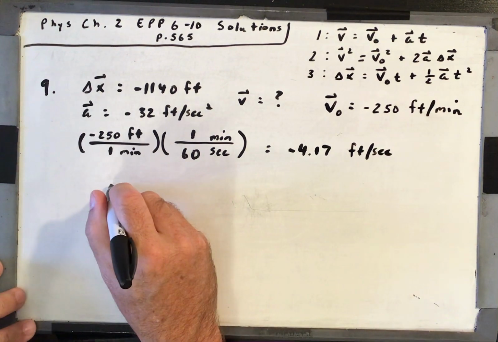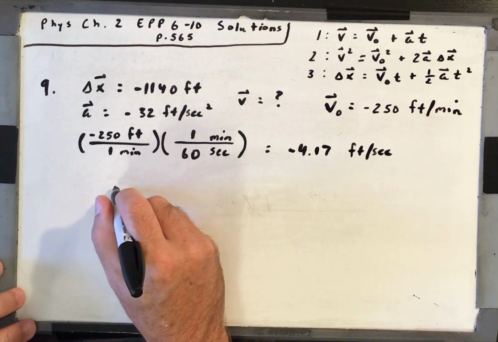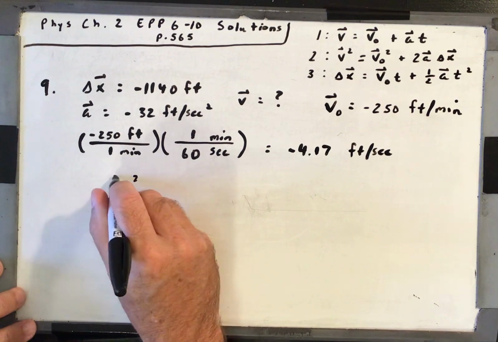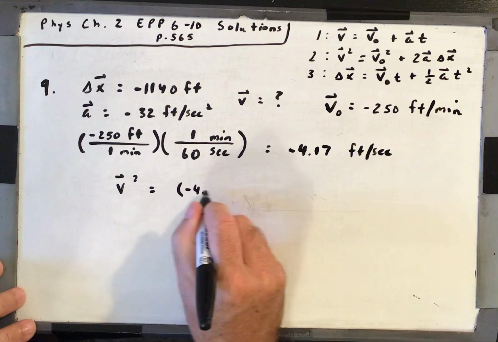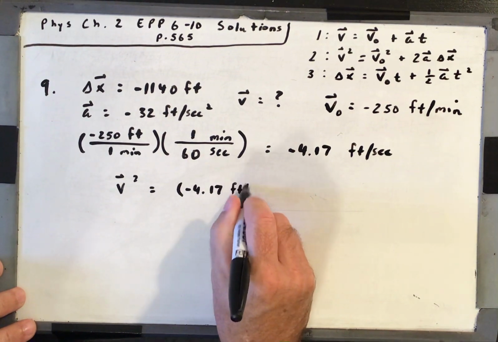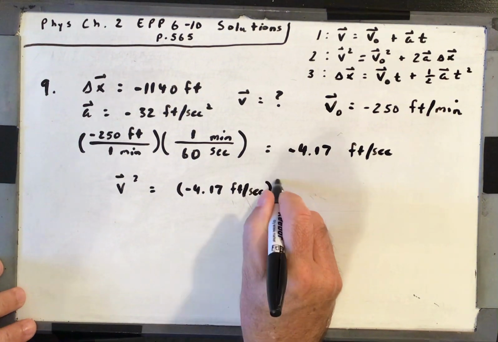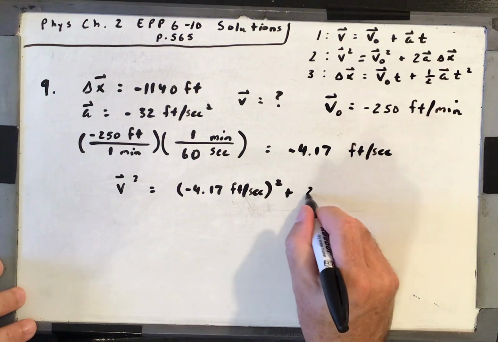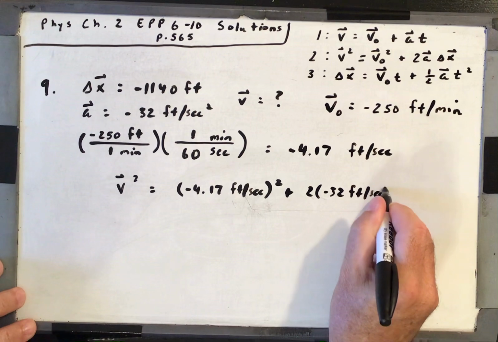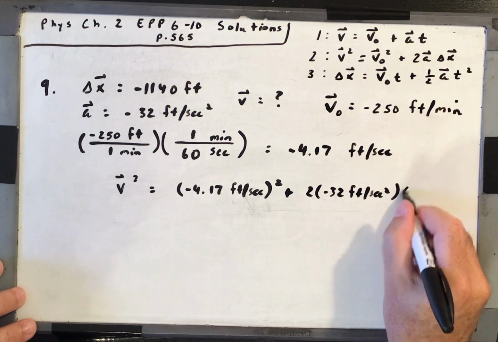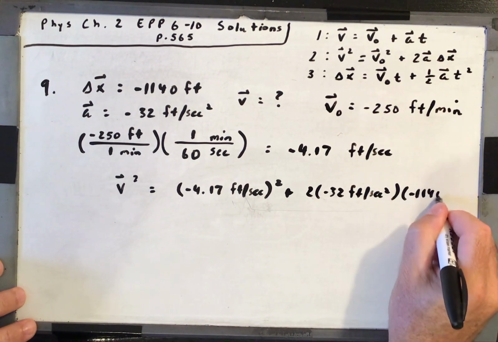So we're going to use the same equation, same type of problem. Final velocity squared is equal to the initial velocity, negative 4.17 feet per second, squared. Plus 2 times negative 32 times delta x, which is negative 1,140 feet.